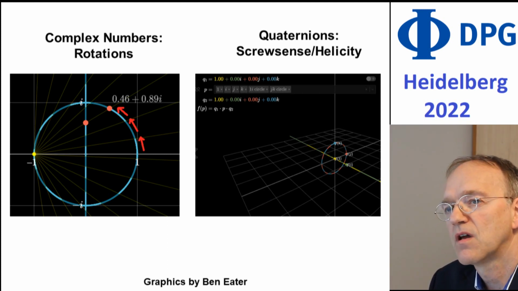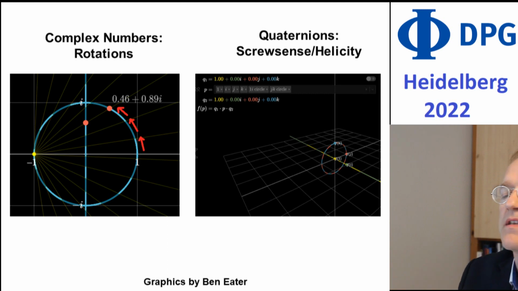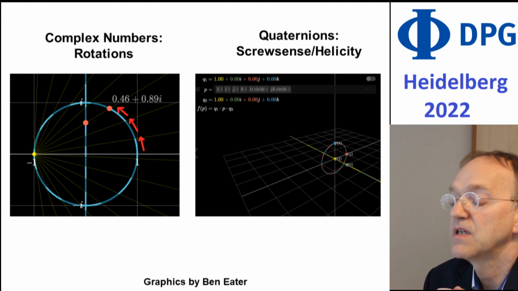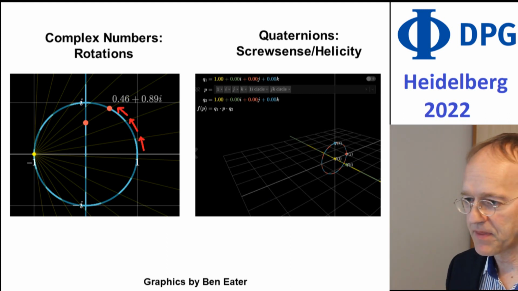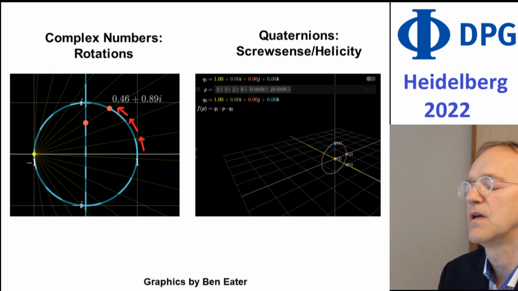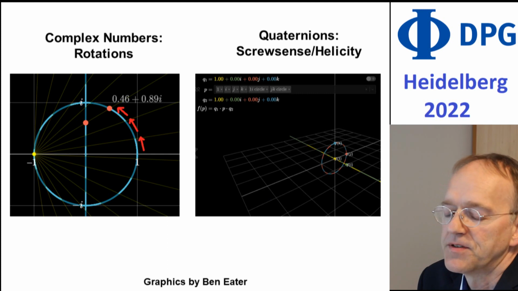Unit complex numbers do rotate R3, but unit quaternions do much more with the regular 3-dimensional space. They apply something like a screw sense or a helicity to the entire manifold.